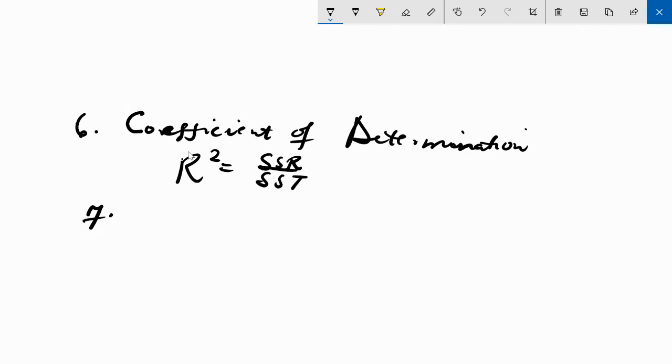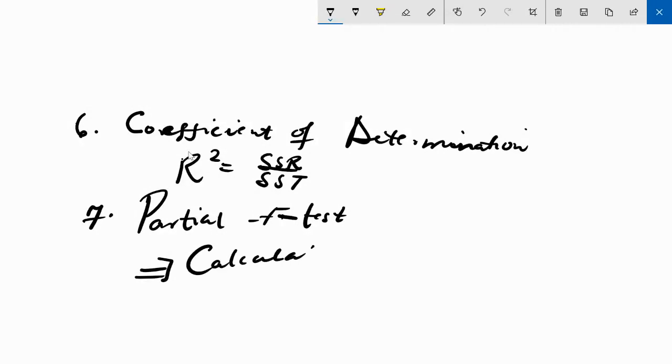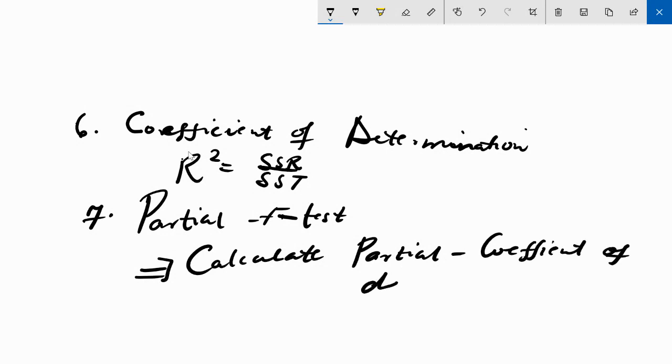Seven. We have done the partial F test, which implies that we'll be able to calculate the partial coefficient of determination.